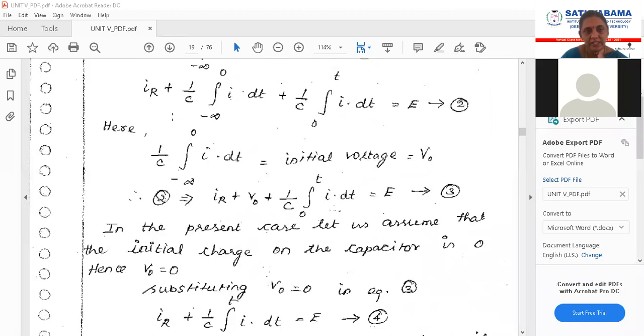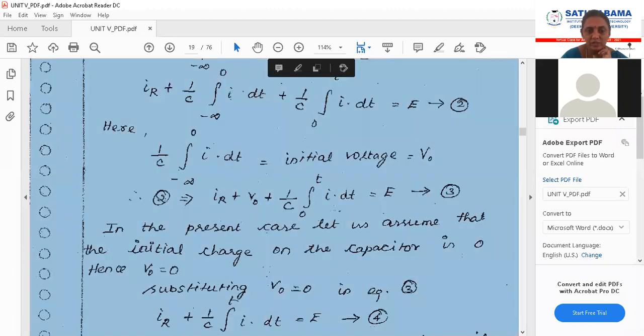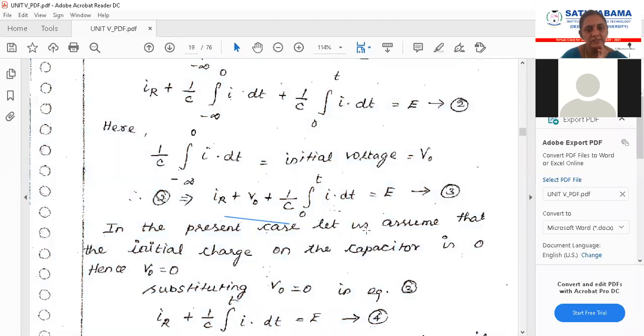So IR plus V naught, plus 1 by C into the other expression, written the same way, the integral from 0 to t of I dt, is equal to E.